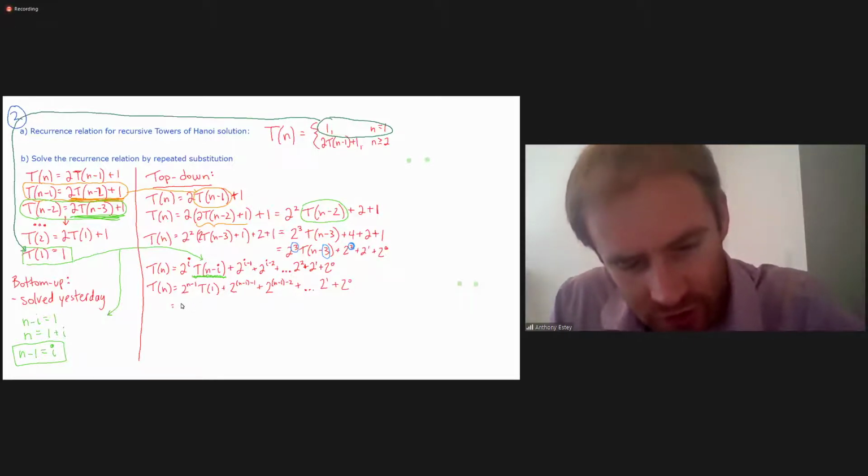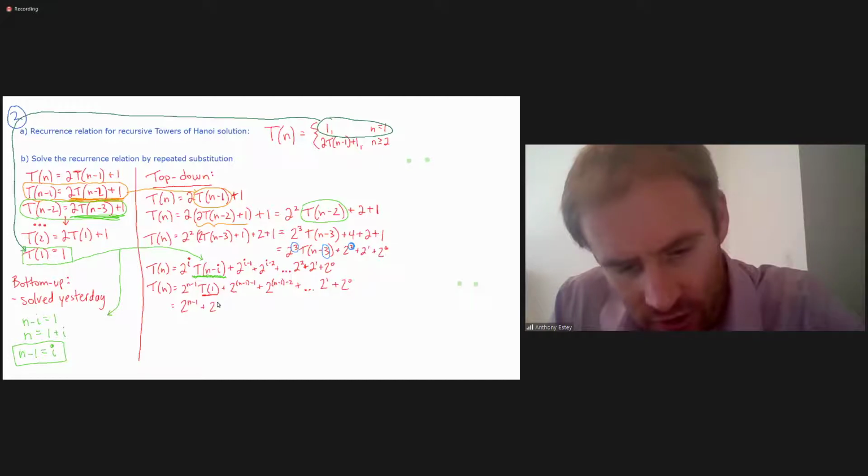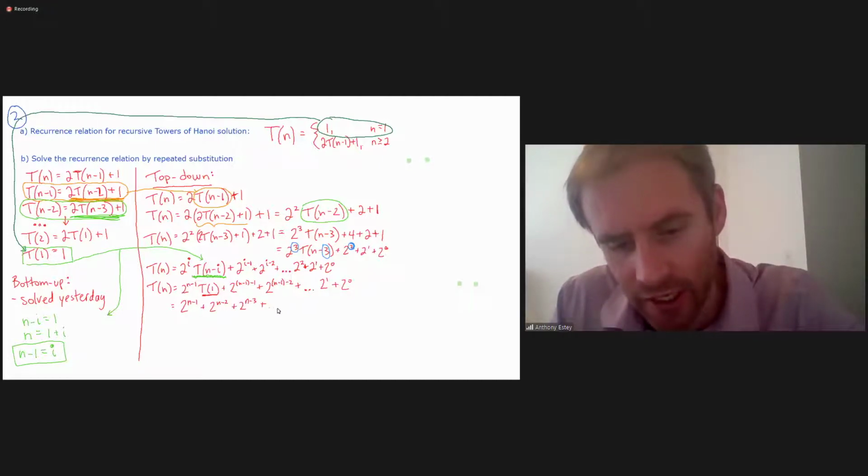So now we know this is just going to be 2 to the n minus 1 times 1 here, because that's just a 1, plus 2 to the n minus 2 plus 2 to the n minus 3, plus and so on, all the way down to 2 to the 0.